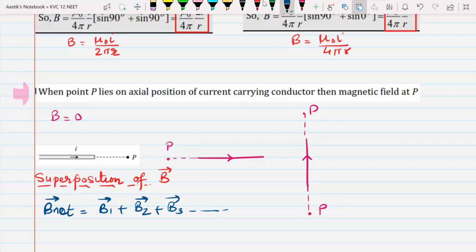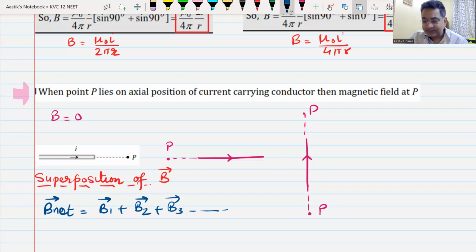So if you have more than one wire creating magnetic field at one point, the net field will be the vector sum of all the fields put together. Do we understand this? Yes, sir.